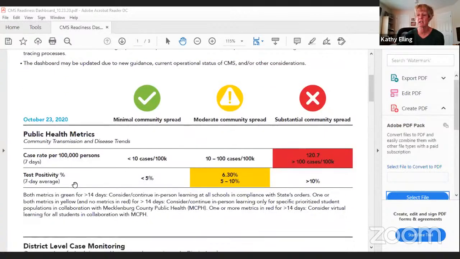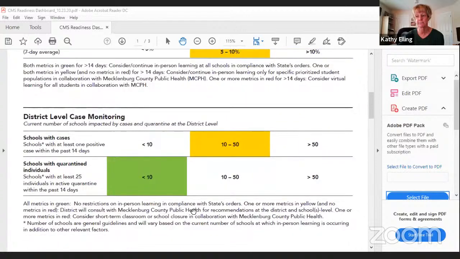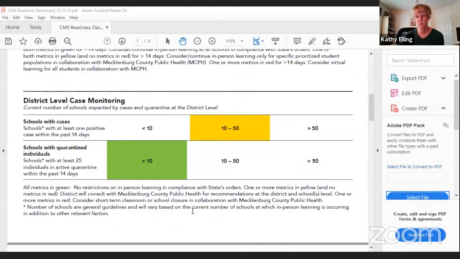Also want to highlight again that this is the 7-day count for the county health metrics, and everything else that we're looking at and tracking is a 14-day rolling count. So there's some impact of the virus that's been on here for a couple of weeks, and that would roll off next week. And we're monitoring it very, very closely.